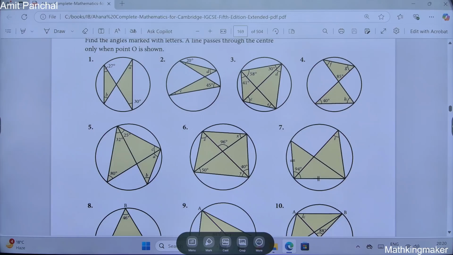Which question? Do every question. I did 6, sir. Yeah, do 6. Fifth you did. They're quite simple. Yeah, you can tell the answer very quickly. Yes, sir.